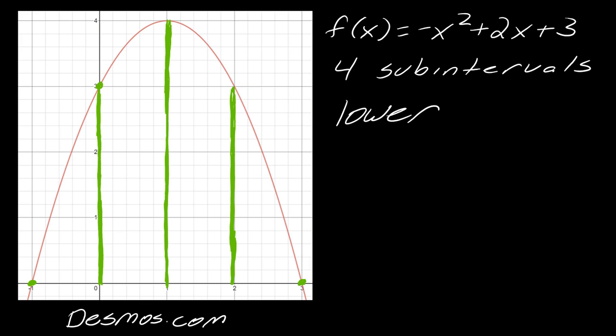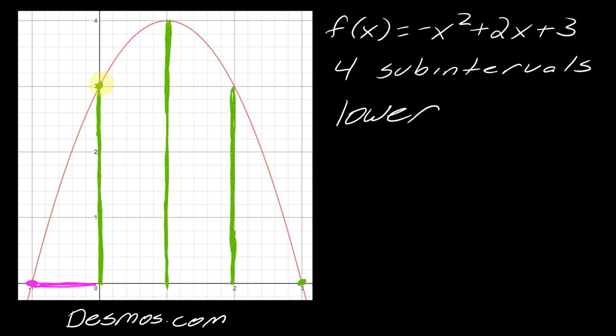Okay, so now let's pivot to the lower sum. Again, using the same subintervals, you probably already see how to do this. As I'm in this subinterval, I have the choice of this as my endpoint or this as my endpoint. So I want to choose the lower of the two. So I'll choose this endpoint, and there's my height of my first rectangle. And then I can continue on to this next subinterval.